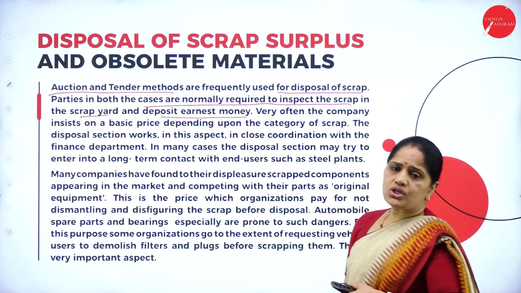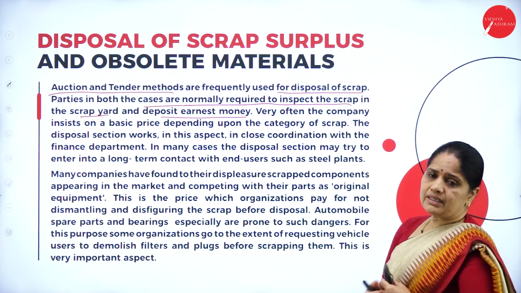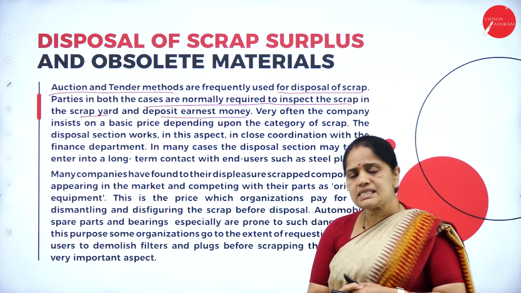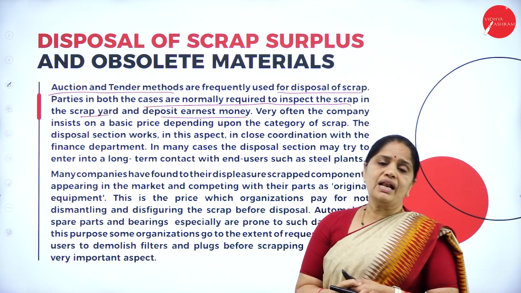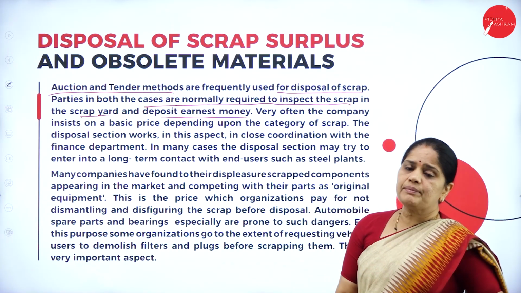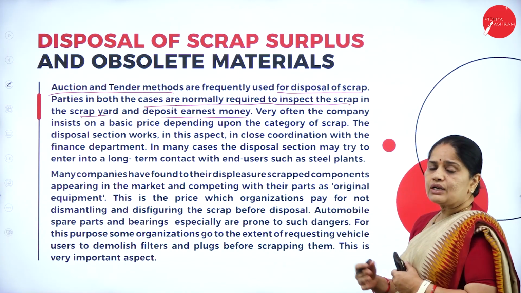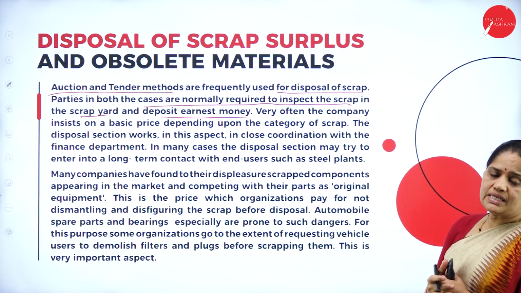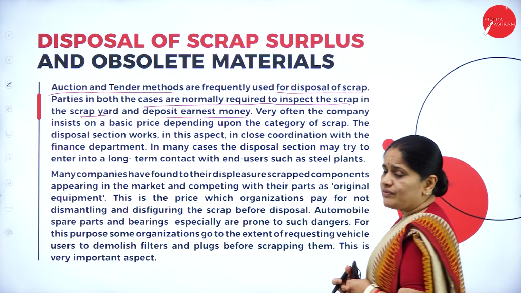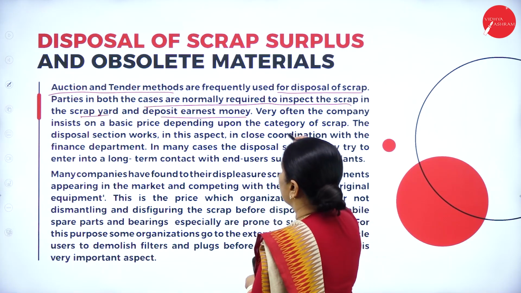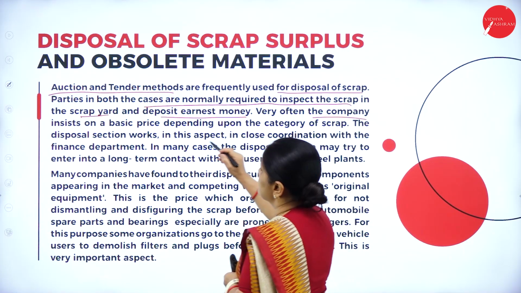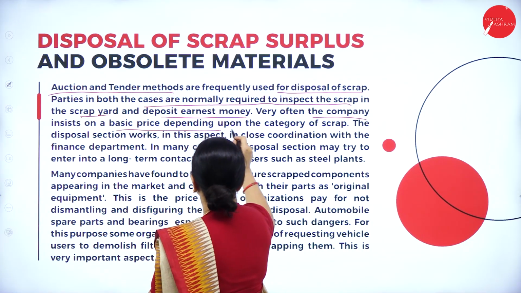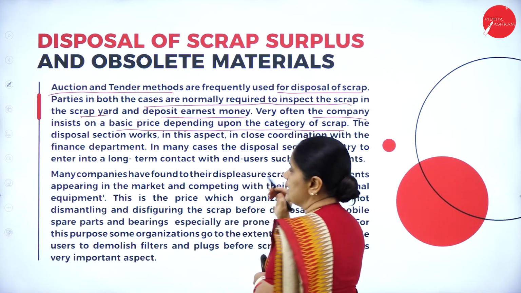So in the auction and tender method, the persons who are interested in buying the scrap will have to deposit some earnest money and they can go and inspect the scrap which will be there in the godown. Very often the company insists on a basic price depending upon the category of the scrap.